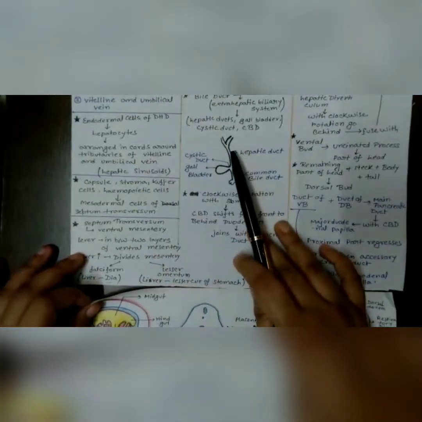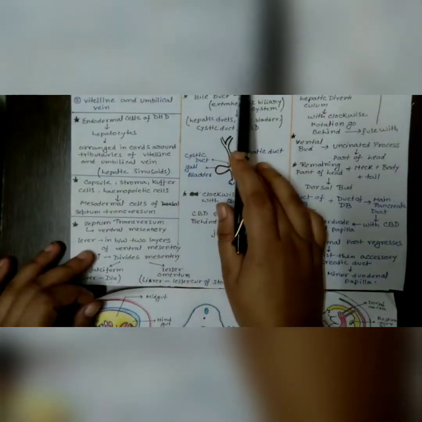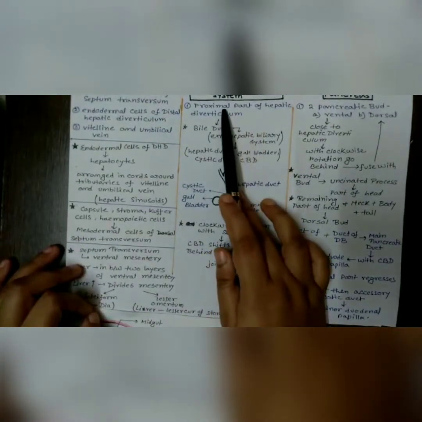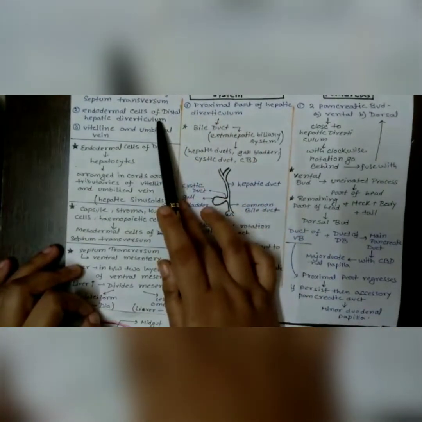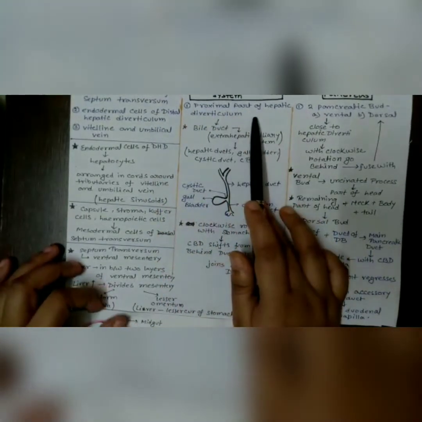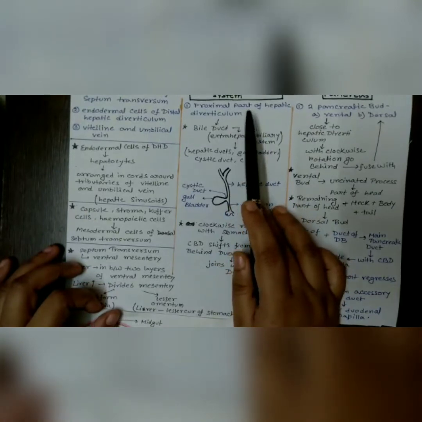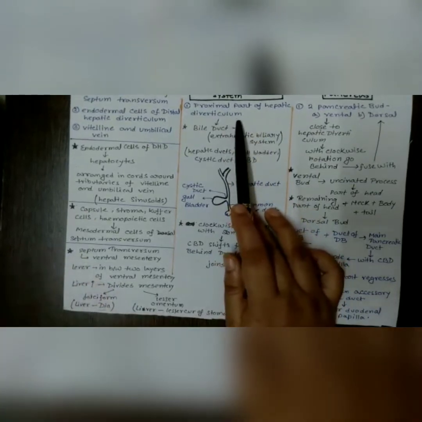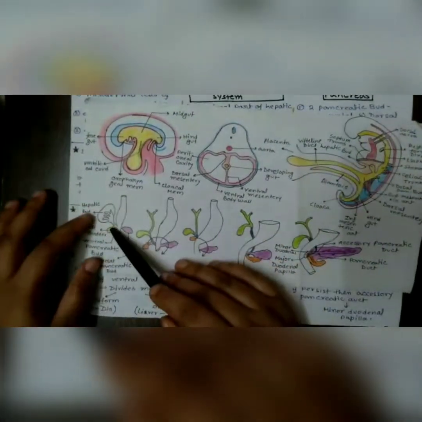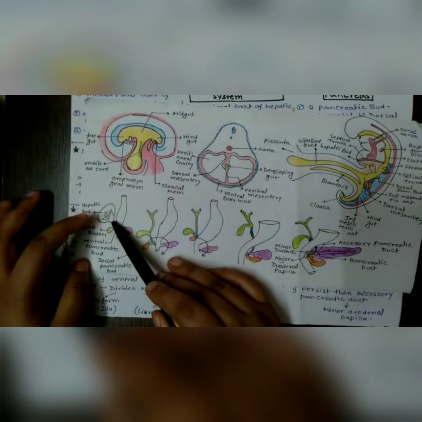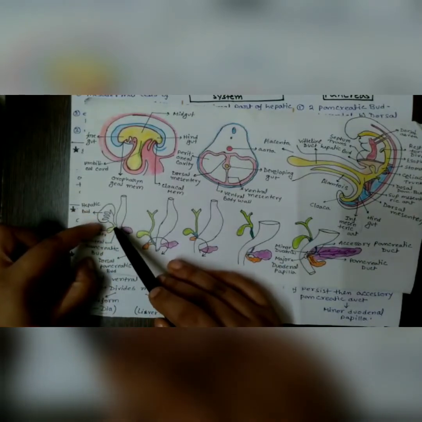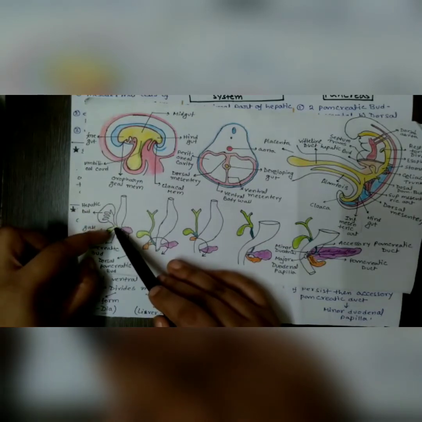Now let's talk about the extrahepatic biliary apparatus. So the proximal part, we say, and the distal portion. Now the proximal portion of the hepatic diverticulum will give rise to the bile duct. Let's see with a diagram that this green colored portion is the proximal portion of the hepatic diverticulum.